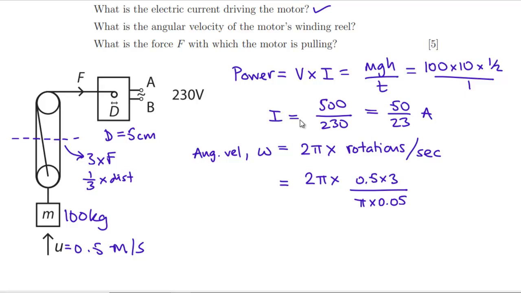Just to be clear, that's how much string has wound round the reel, and that is the circumference of the reel. So that is the number of rotations that we've done in 1 second, and then we multiply that by 2 pi to get the angular velocity. The pi's cancel. That is going to give us 10 times 6, which is 60. So 60 radians per second.